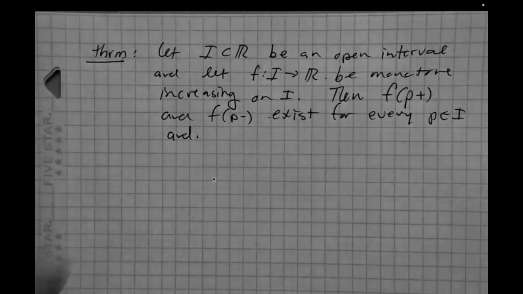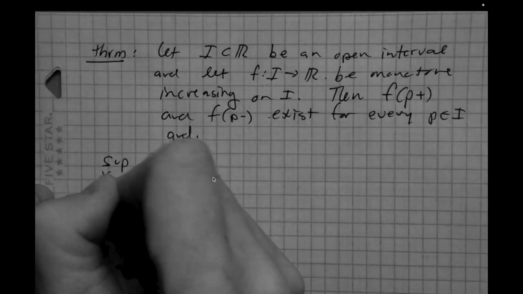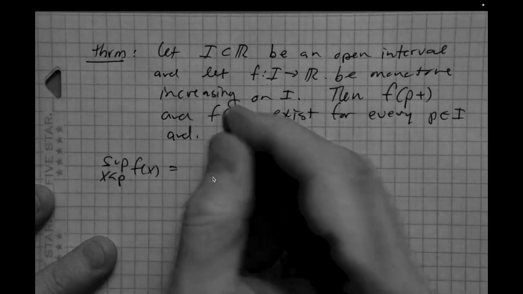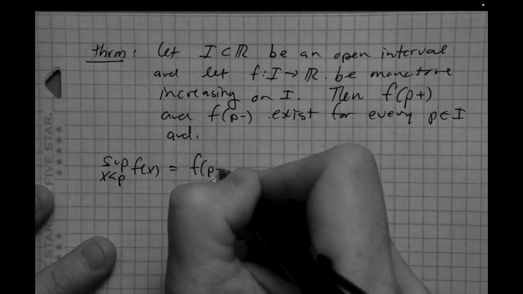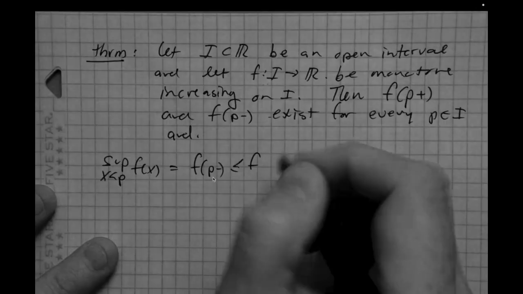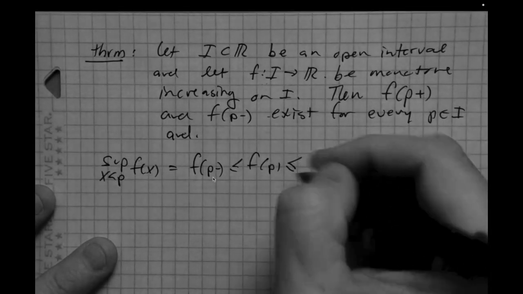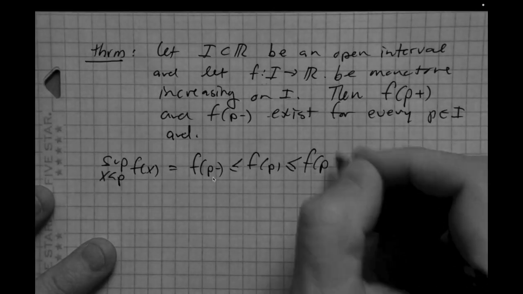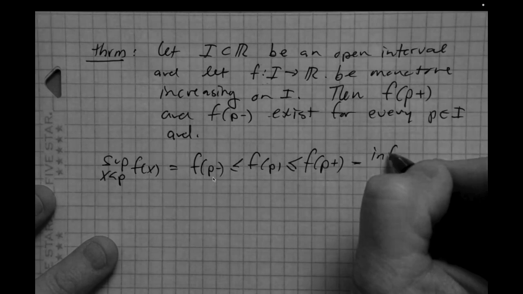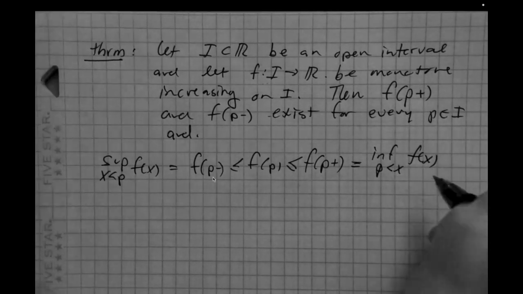And we have the following very useful inequality. The supremum of x less than p on the function f is equal to the left-hand limit as we approach p, which is less than or equal to the function evaluated at p, which is itself less than or equal to the right-hand limit of the function evaluated at p, which would be equal to the infimum of p less than x of the function.